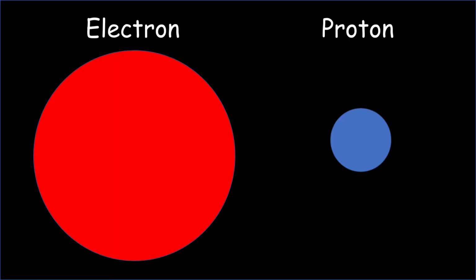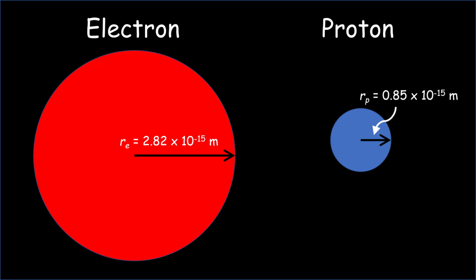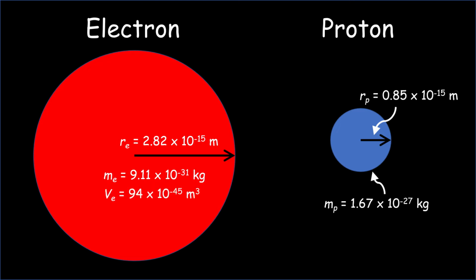The classical radius of a free electron, 2.82 times 10 to the minus 15 meters, is more than 3 times the 0.85 times 10 to the minus 15 meter radius of a proton. So, even though the proton's mass of 1.67 times 10 to the minus 27 kilograms is more than 1,800 times the electron mass of 9.11 times 10 to the minus 31 kilograms, the electron's volume of 9.4 times 10 to the minus 44 meters cubed is more than 36 times the proton volume of 2.6 times 10 to the minus 45 meters cubed.